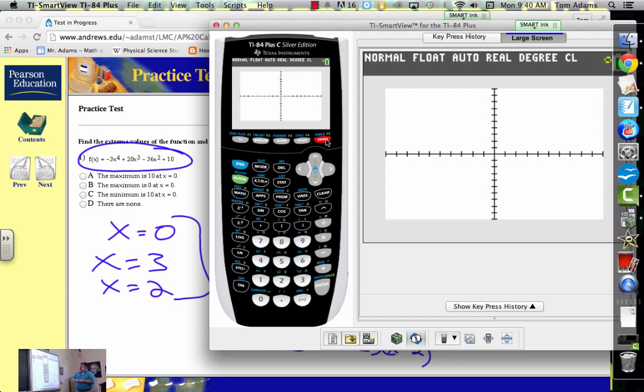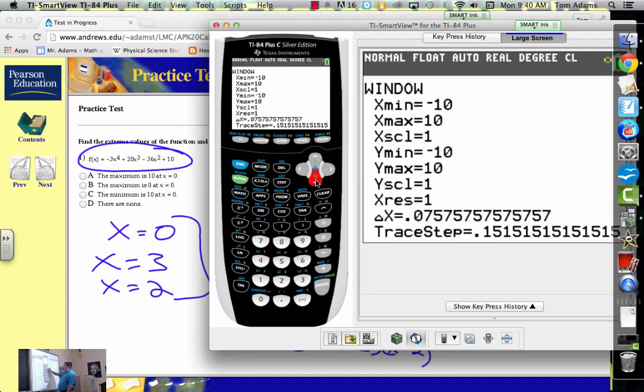So I should have mins and maxes at x equals 0, x equals 3, and x equals 2. Now we can't really see it because I have to zoom out, since we have some pretty big numbers. I'm going to zoom out in the y direction. I have a y-intercept of positive 10, so let's do negative 30 to positive 30. We know our zeros occur at 0, 3, and 2.